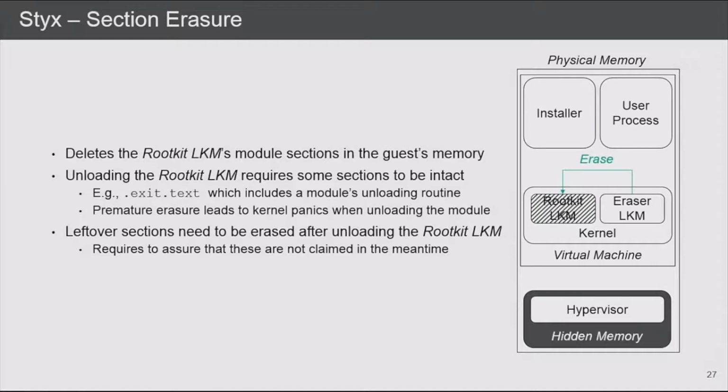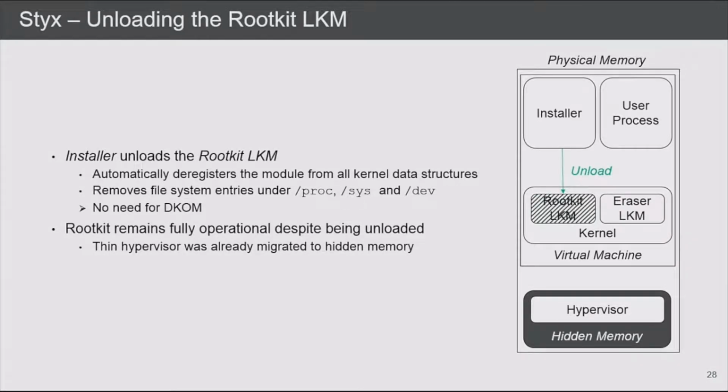In order to get rid of all traces, we will simply try to erase those after we have unloaded the Rootkit LKM, but then we have to absolutely assure that these sections are not claimed by other kernel modules in the meantime, as we would obviously crash them otherwise. We can then unload the Rootkit LKM, which has a few nice benefits because it automatically deregisters our module from all relevant kernel data structures, as well as removing all of its entries from the file system.